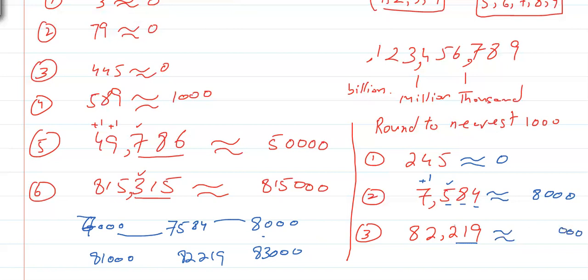And then the third digit is just 2, so no need to change anything. Okay. So it will be 82,000. Sorry, it should be 82,000 here. So that is how we rounded it to the nearest thousand. Clear? Yes, sir. Okay, all right.